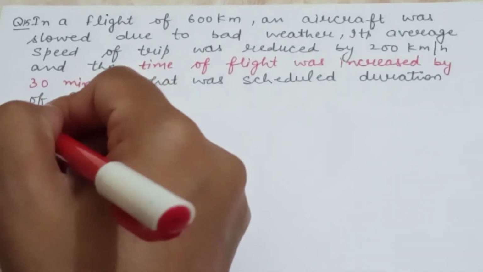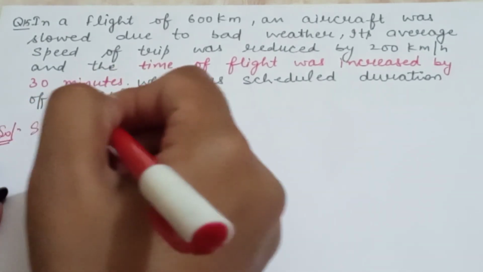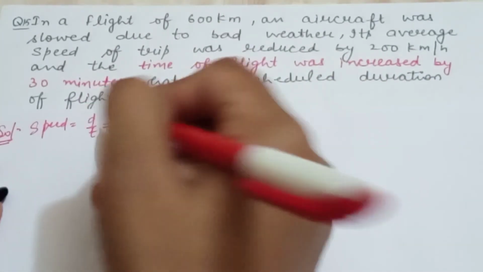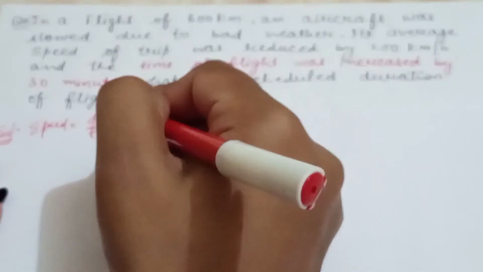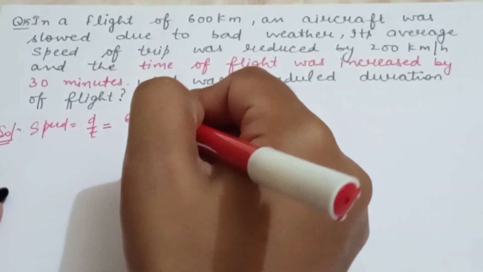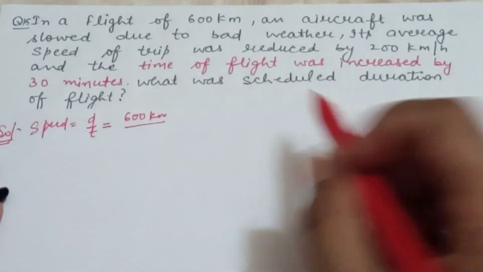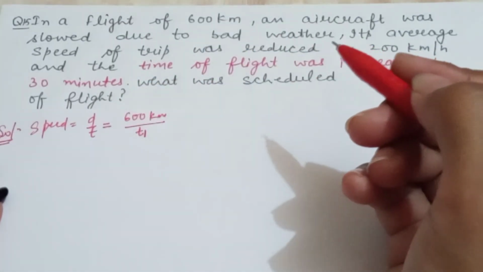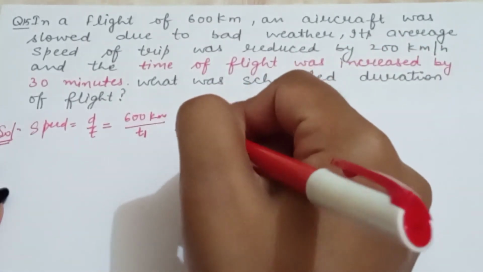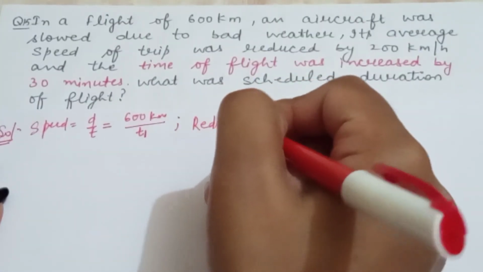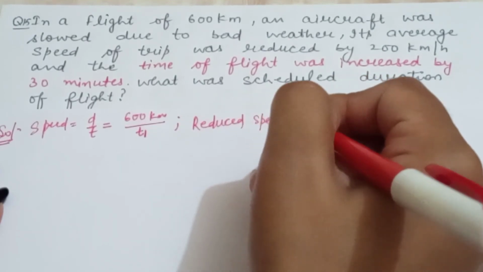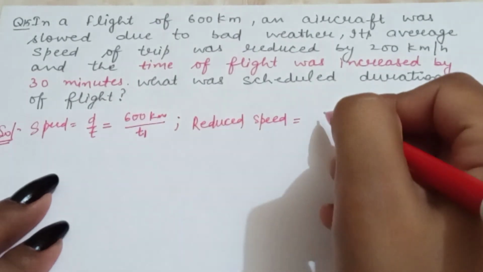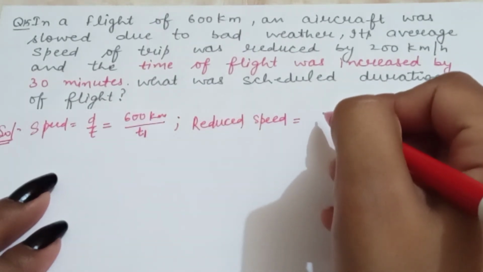we will use a very basic formula. Speed is equal to distance upon time. Here distance is 600 km, but time is not given, so we will suppose it t1. Okay, now the reduced speed is calculated by the same formula, distance upon time.